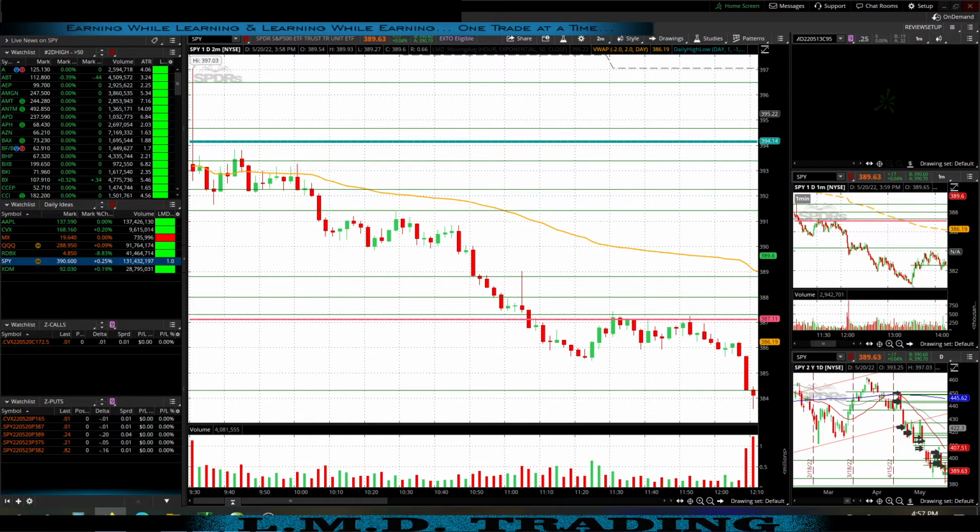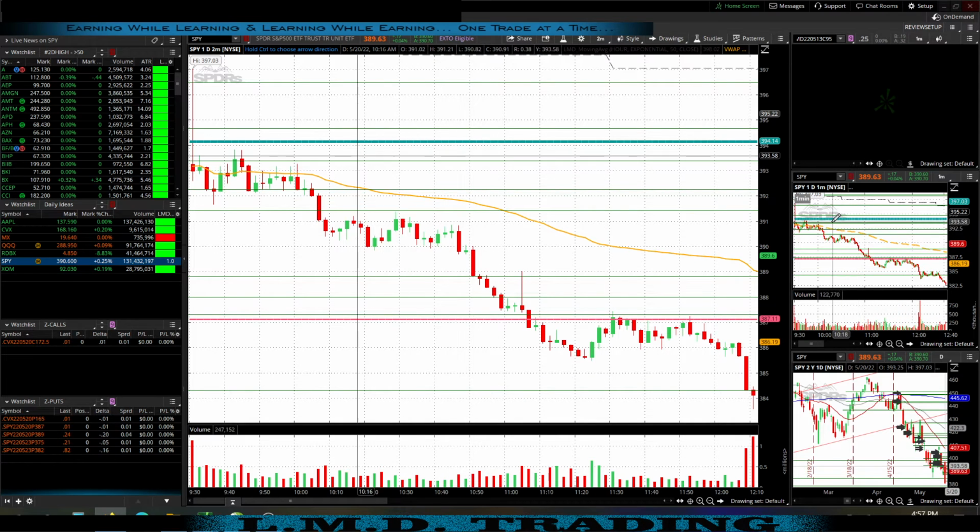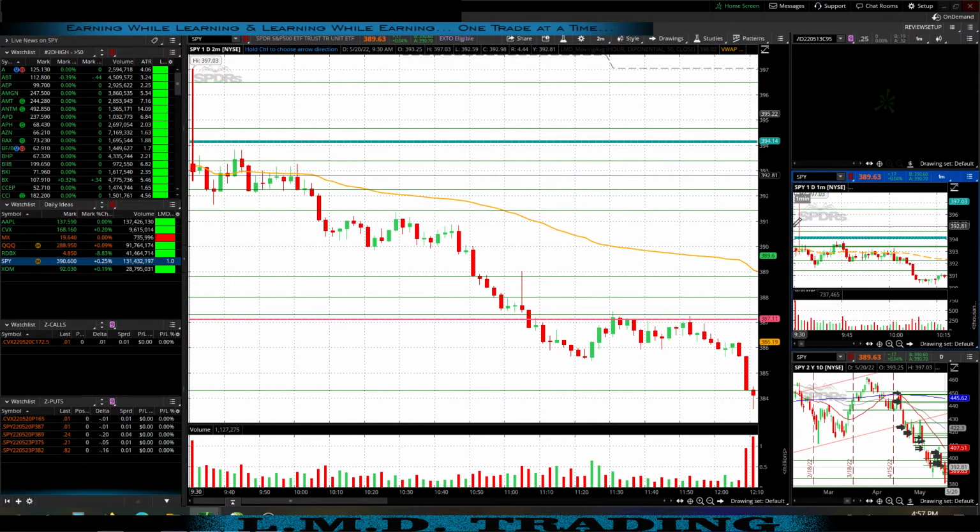All right, first SPY trade that we took. Like I said, we got back to the room about 10 o'clock. We saw that the SPY had opened, made this quick pop up, and failed horribly. Came back, tested VWAP, just chopping around.